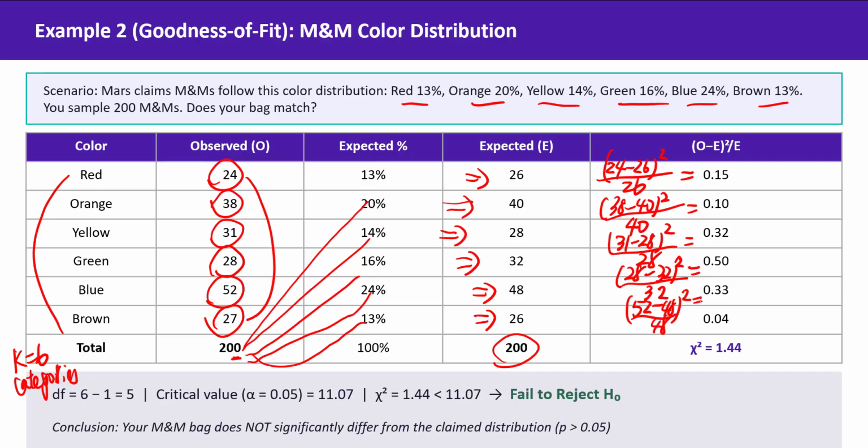And that turned out to be 0.33. And the very last one is 27 minus 26 squared over 26. And that turned out to be 0.04. Now we sum up all these values, we get 1.44. That's the test statistic.